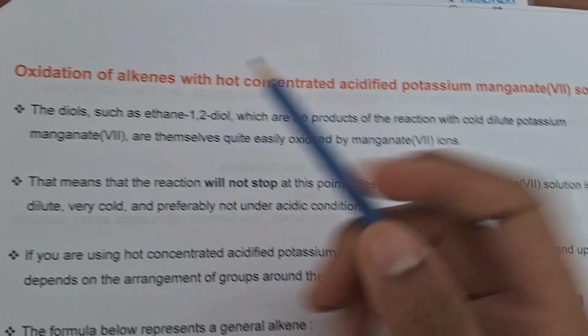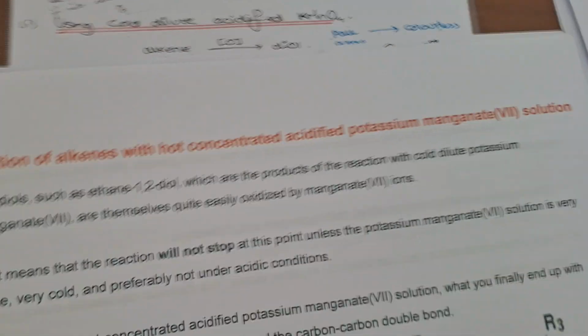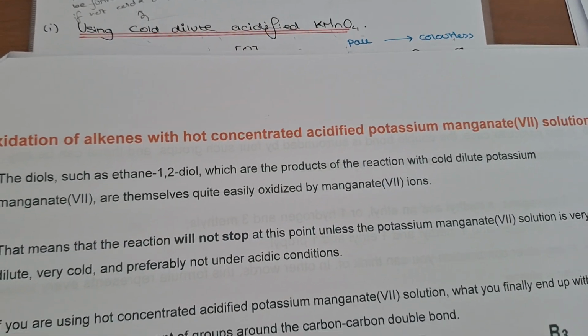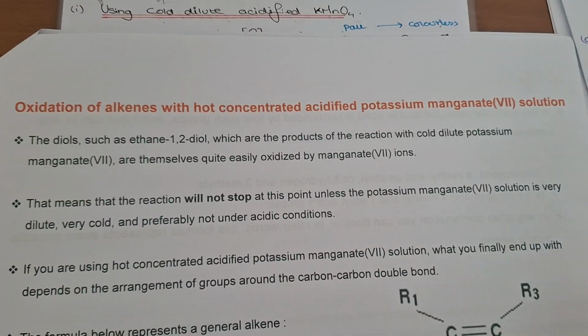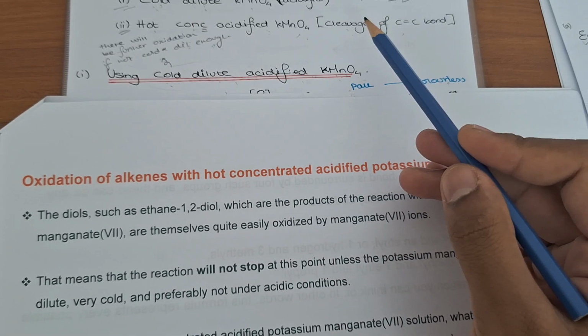Now I'll move to the second part: oxidation of alkenes with hot concentrated acidified KMnO4 solution. Now, we start from the diol we got at the beginning.